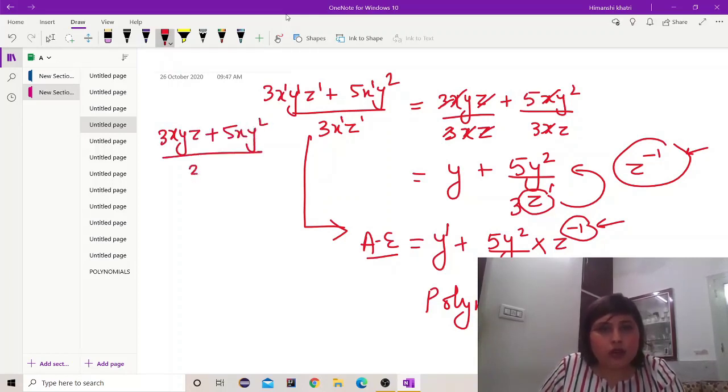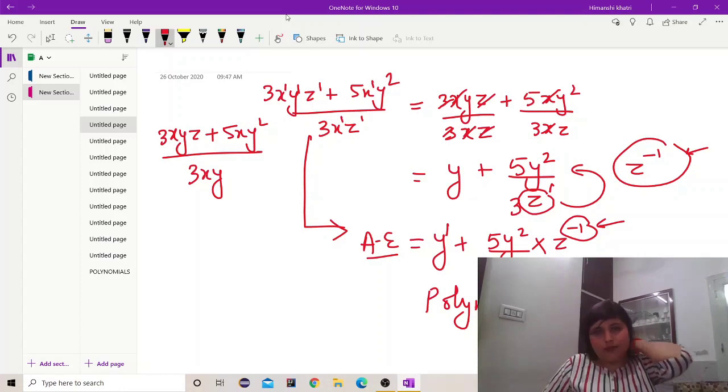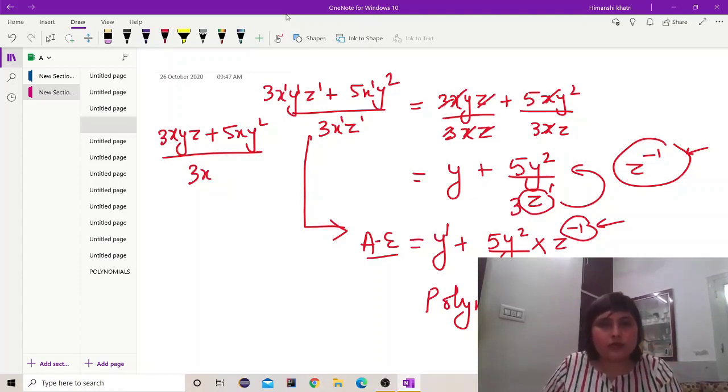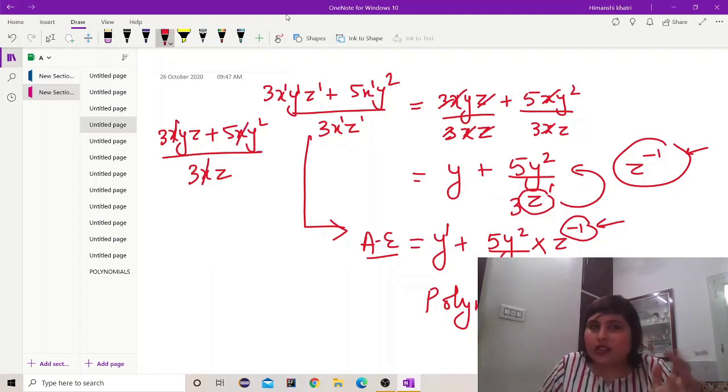(3xyz + 5xy^2) upon 3xz. Now see here, we know that this can be separated, so easily this x gets cancelled out with this x, and this x also gets cancelled out with this x, because x is common to both these terms, hence x can be cancelled.